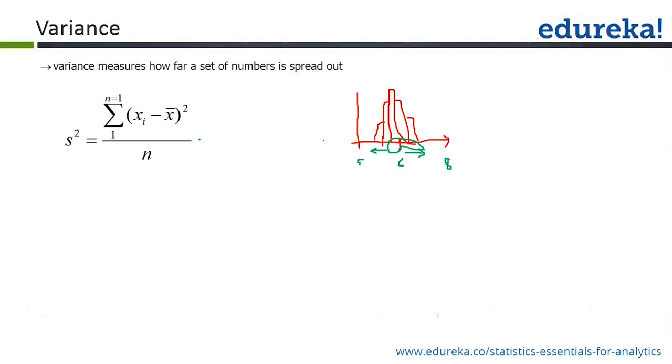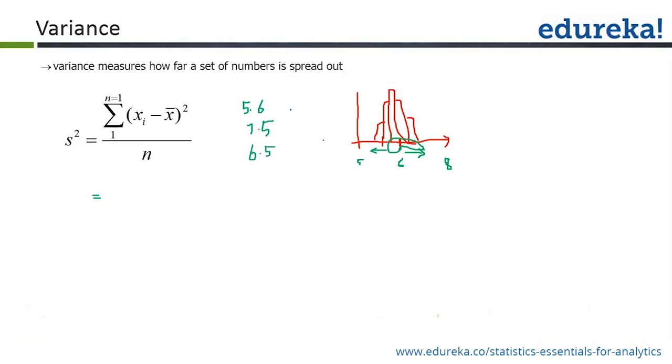When you want to talk about the variance of the heights, say the heights of a few people are 5.6, 7.5 and 6.5.